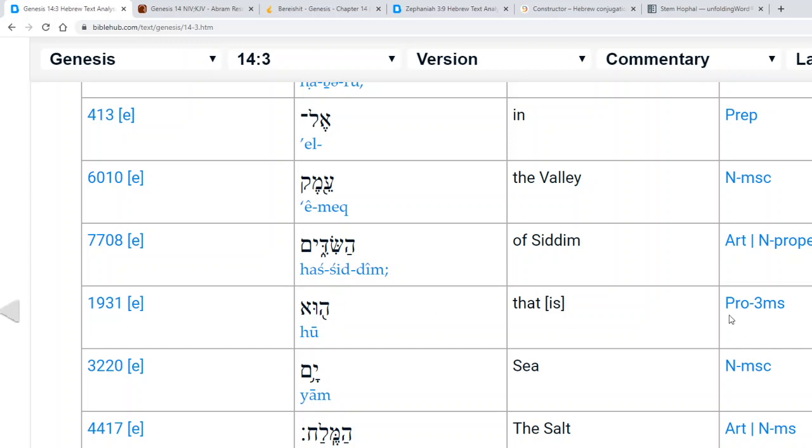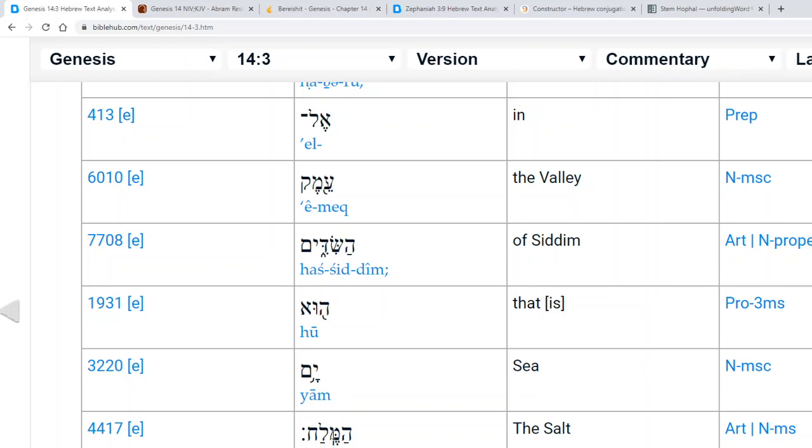Hu, again, we're using the third person masculine singular pronoun as a substitute for the word to be, right? Yam Hamelach. That is, Yam Hamelach is the Dead Sea, right?